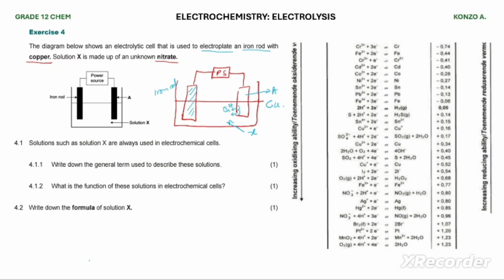These copper ions come over to the other electrode and get reduced into copper, which forms a layer of copper around it. That's what we discussed as far as electroplating is concerned.